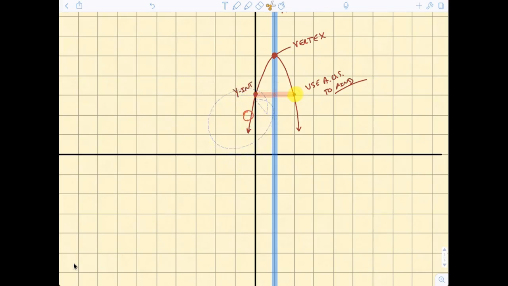The cursor right now, is it to the right or to the left of the vertex? I'm doing the same thing that's on your calculator. Am I to the left or to the right of the vertex? I'm to the left. Do you agree? If I'm over here, I'm to the right. Right here, I am the vertex.